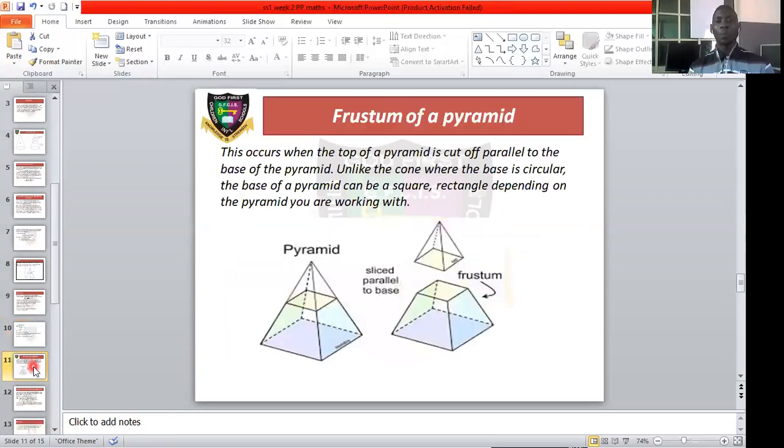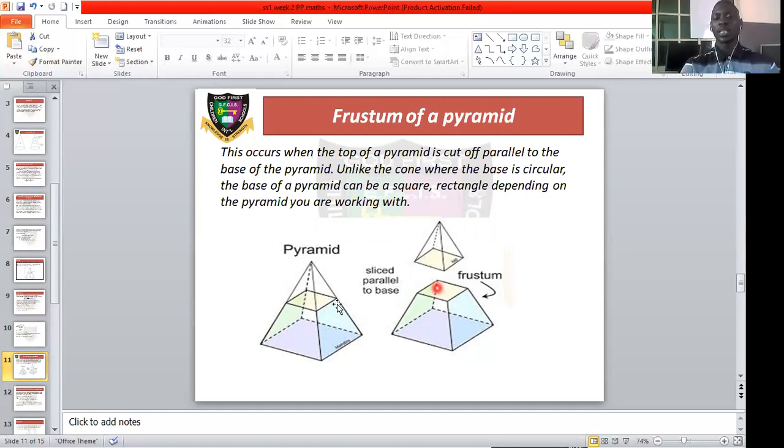the frustum of a pyramid. The frustum of a pyramid is the same thing. When we say frustum, we already know the meaning: it is a portion cut off in a parallel form, giving you the same base and top. Look at it. They are cut parallel, whereby the top and the base form the same side.